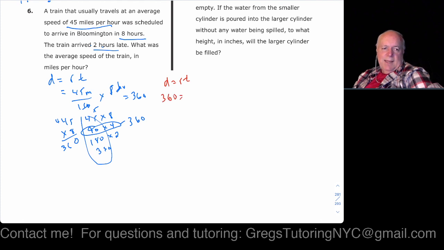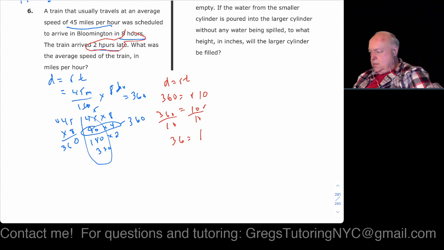And the time, if it was 8 hours and it was 2 hours late, it took 10 hours. So we have R times 10, or it's equal to 10R, right? If we divide both sides by 10, we get 36. That's the new rate, and we're talking miles per hour. There was no unit conversion or anything like that needed here. And that's our answer.